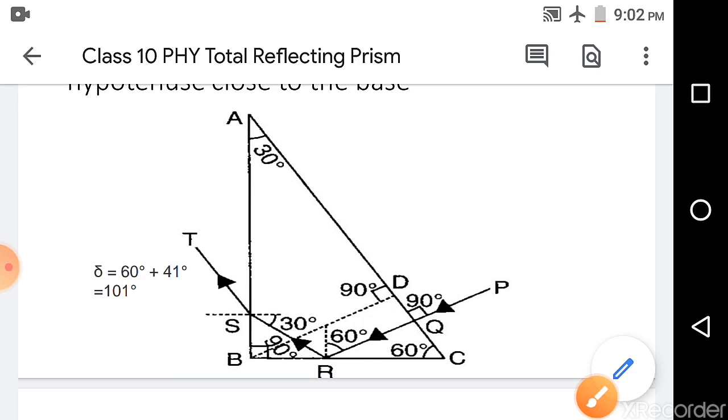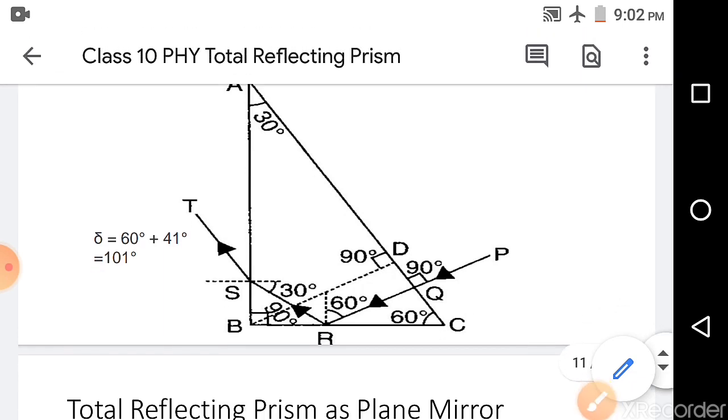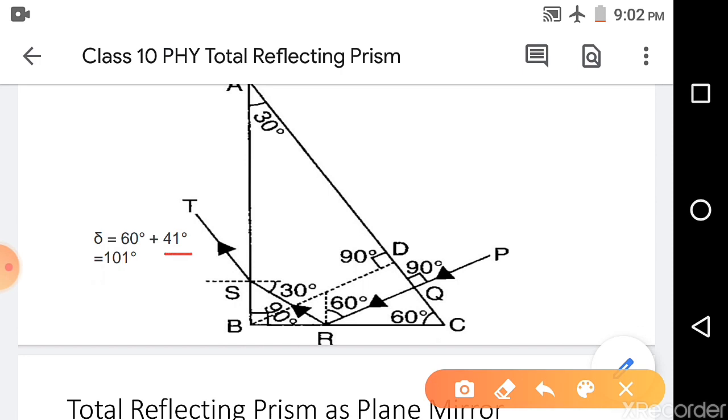If you consider the previous case, where we found that the deviation is 41 degrees, less than 60 degrees, the light ray was incident like this. You can see the previous figure, and now it is here, so this is added. So what is the total deviation?